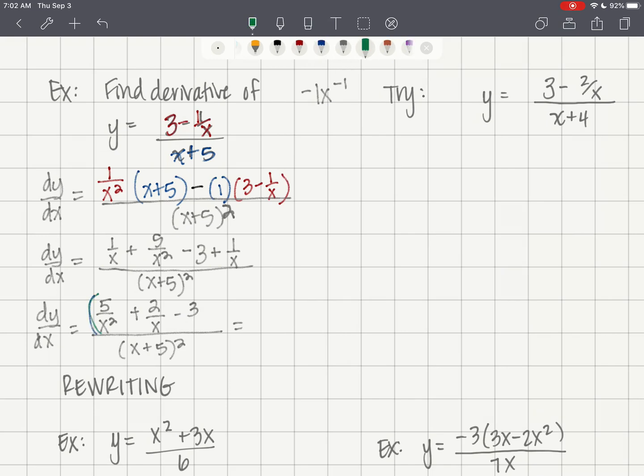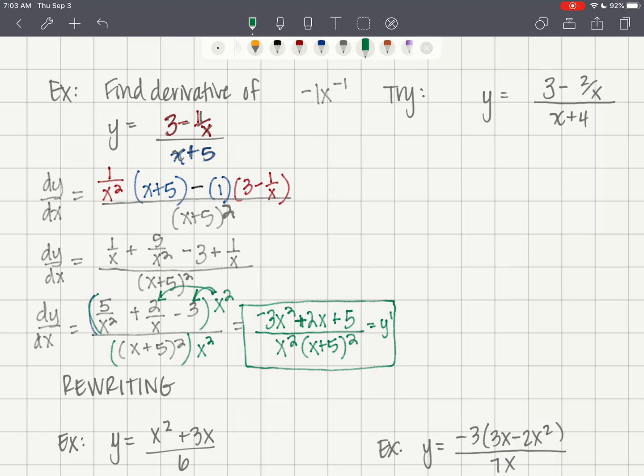I'm going to multiply each term in the numerator and denominator by x squared because I have a complex fraction, and that gives me negative 3x squared plus 2x plus 5 all over x squared times x plus 5 quantity squared. And that's our derivative.